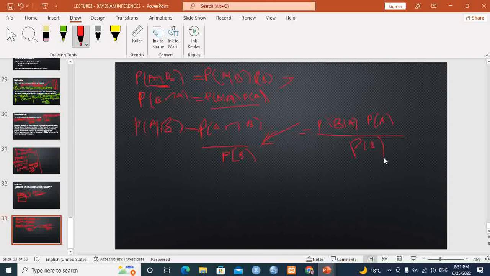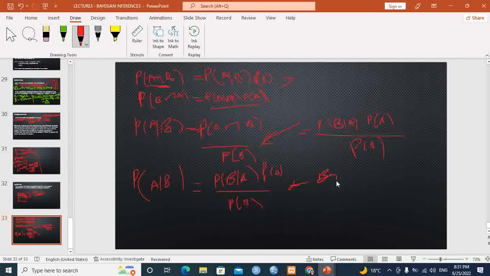All right. So probability of A given B is equal to probability of B given A times probability of A divided by probability of B, and we say this is Bayes' theorem.